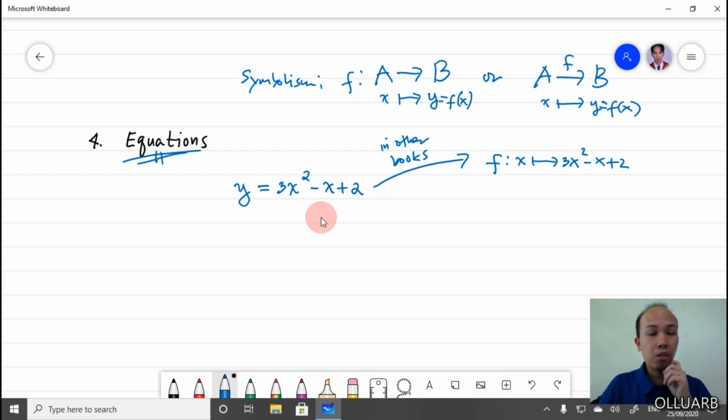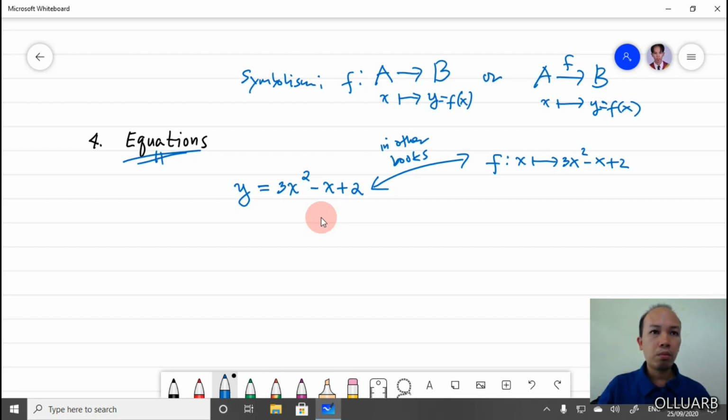This is a very familiar notation. You can convert this equation to this notation, or go back to this familiar notation of equations. Or in some other books you can find it this way.